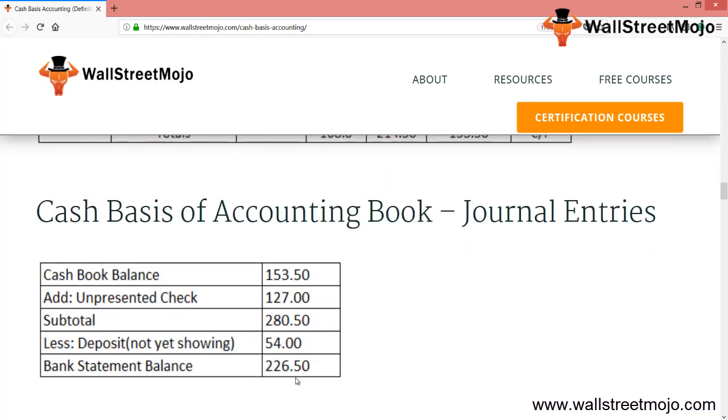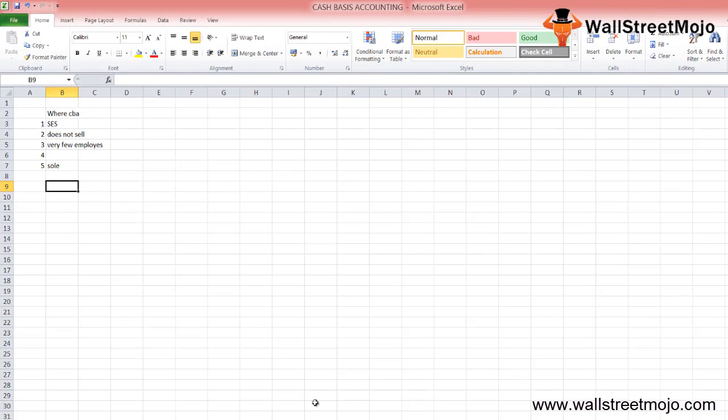So let's understand, based on this, the advantages and the disadvantages of CBA. Let's start with the advantages. Since it is a single entry system and simple, first, it is very easy to understand with very little or no knowledge or background in finance and accounting.